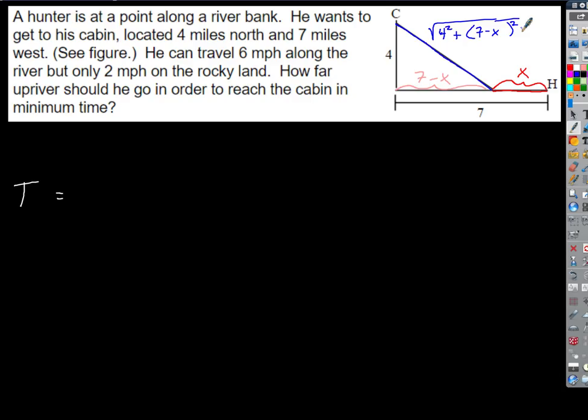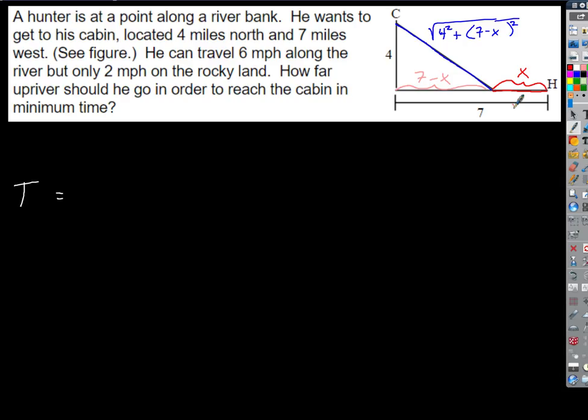Now we have to think about this in terms of time. We know the distances the hunter travels in terms of x, and we know the speeds. He travels the red journey at 6 miles per hour and the blue journey at 2 miles per hour.